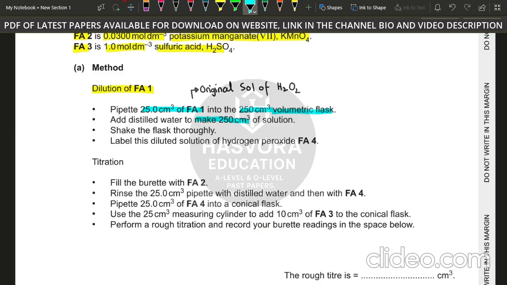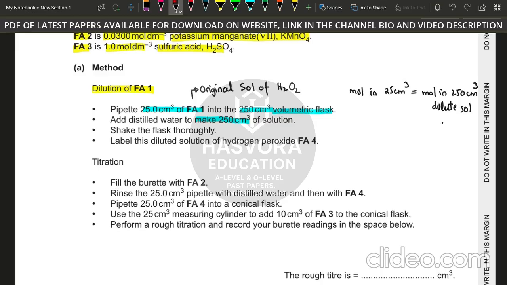Remember the moles in the 25 cm cube of the original solution are going to be the same as the moles in the 250 cm cube of dilute solution. Just keep this in mind. Shake the flask thoroughly and label this diluted solution of hydrogen peroxide Fa4.